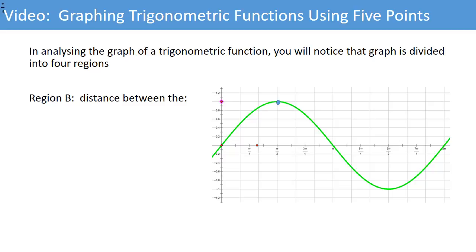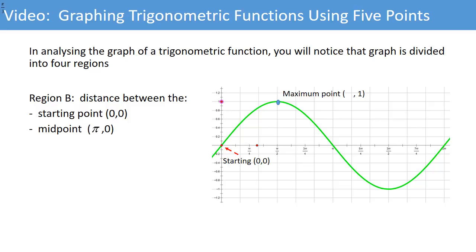Now, we're going to look at region B. Region B is the distance between the starting point at 0, 0 and the midpoint at pi, 0.